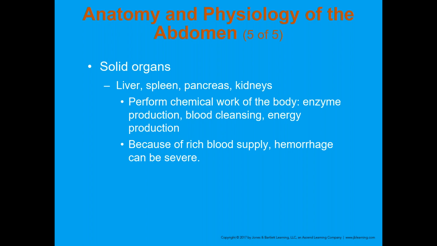The liver, the spleen, the pancreas, the kidneys, they have a huge blood supply and a big role in the storage and production of blood cells. So when we see direct trauma injury to those upper quadrants, we can already start thinking, even before my patient shows me any signs or symptoms of shock, maybe they are absolutely complaint free, but I know injury to the upper quadrant means a lot of bleeding.